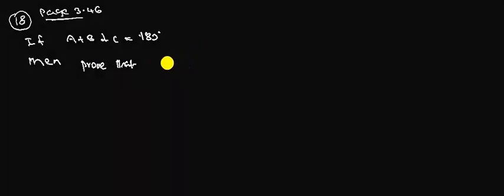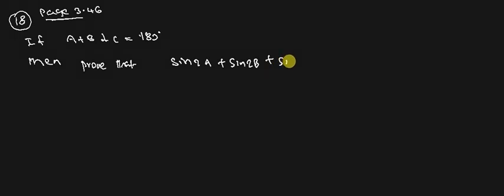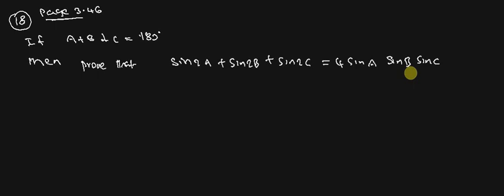Here is the question. If a plus b plus c is equal to 180 degrees, then prove that sin 2a plus sin 2b plus sin 2c is equal to 4 sin a sin b sin c, right?